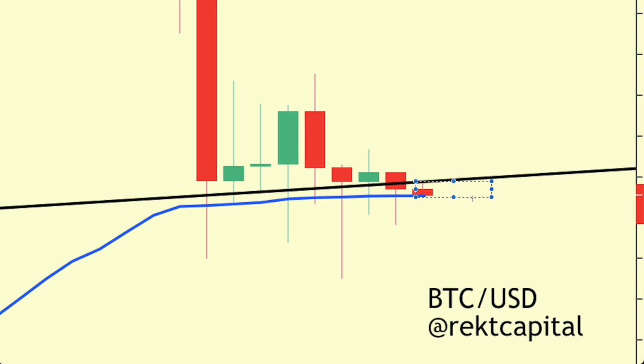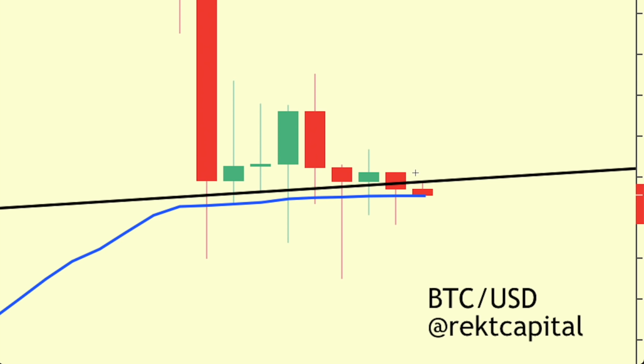And of course, losing the 50-week exponential moving average, then we can become a bit more bearish about Bitcoin's price action, because the 50-week EMA has been historically important for just sustaining bull-side momentum. And if we lose this level and close below this level, then that's going to be a confirmation that we should expect a bit more downside.